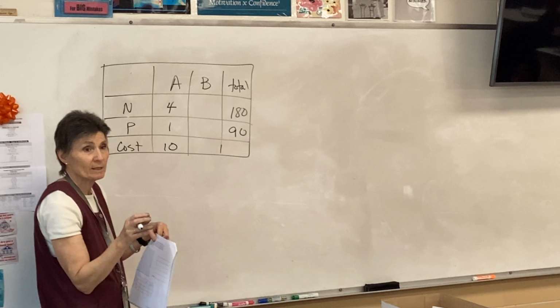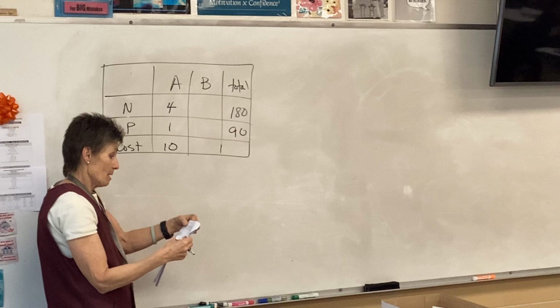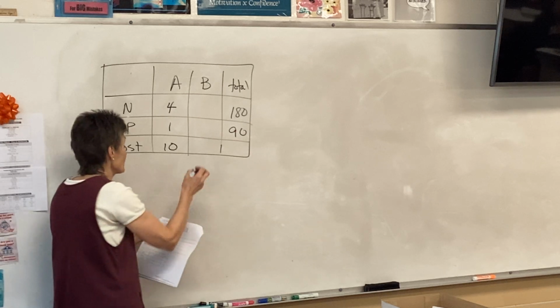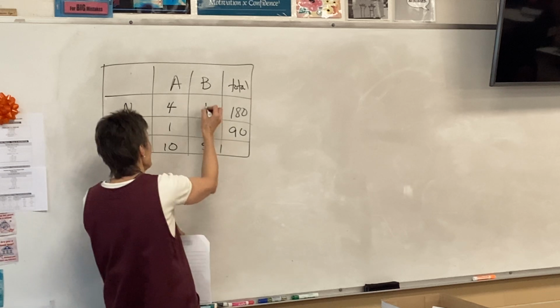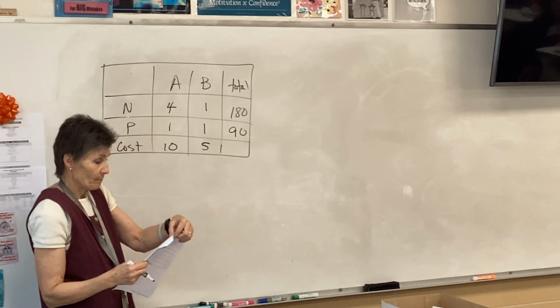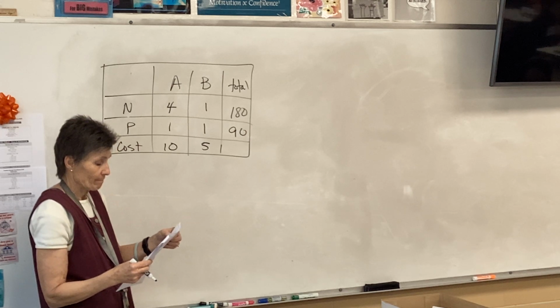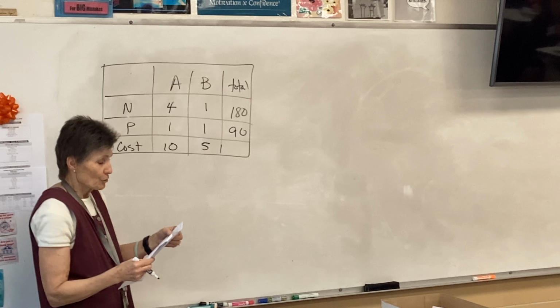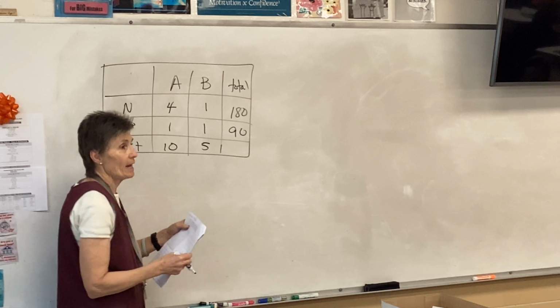So you see what I'm doing here? Just kind of organizing. Brand B costs $5 a bag and has 1 unit of each nutrient. Johnson's Produce can pay at most $800.